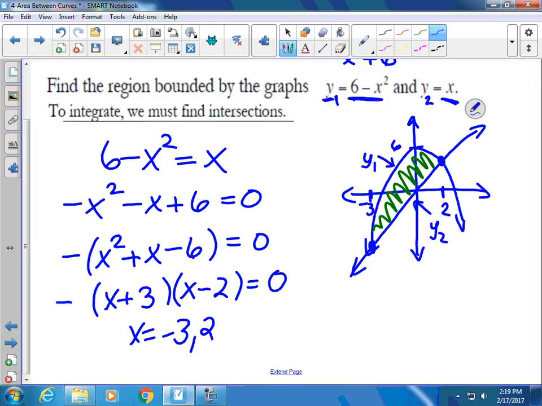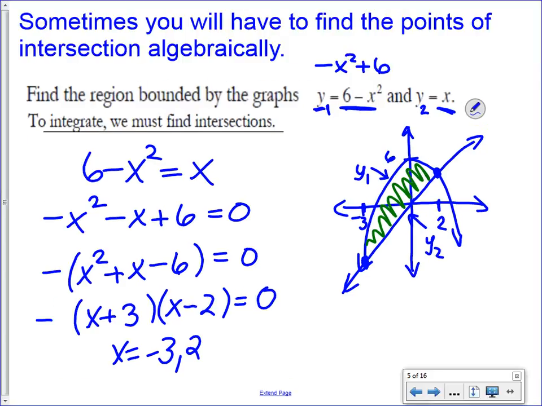Okay, so we're ready to set up our definite integral. We're going to integrate from negative 3 to 2, and we would want to take 6 minus x squared, and for that, subtract x, dx.